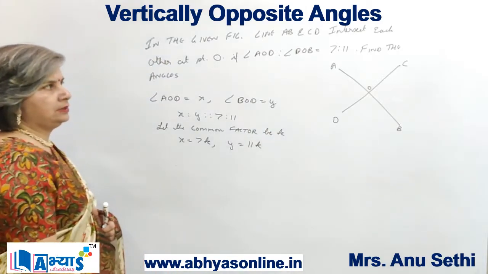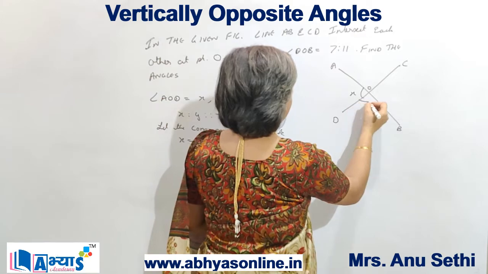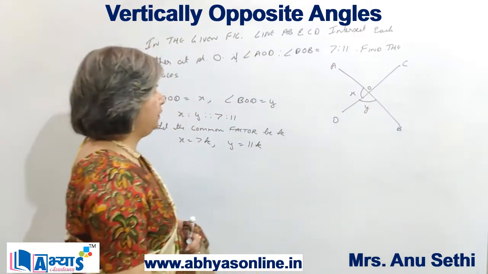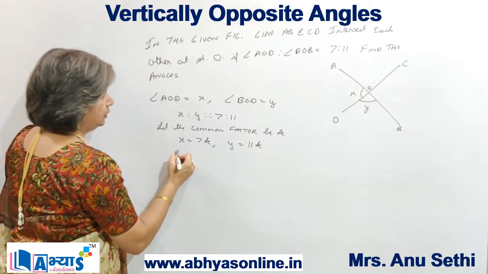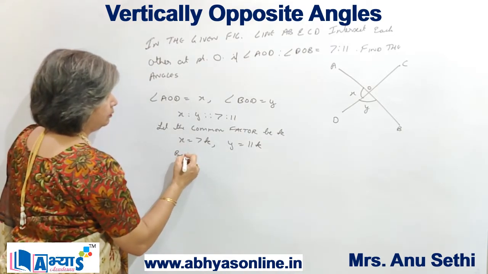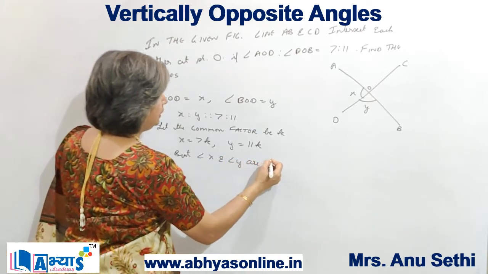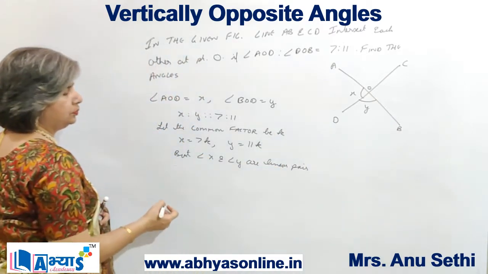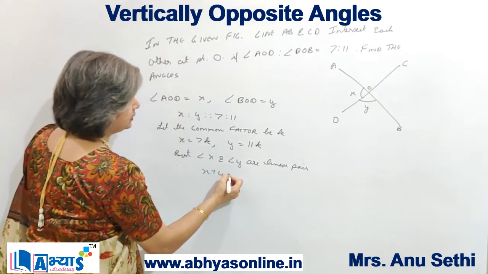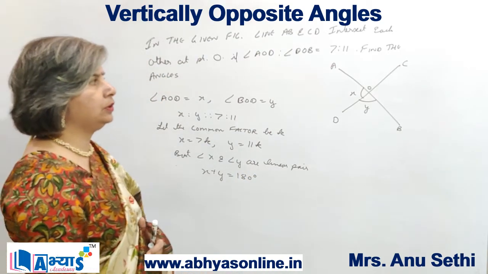Now we know that AOD is x and BOD is y, and angle x and angle y are a linear pair. So x plus y is equal to 180 degrees because they are on a straight line AB and OD is the ray.